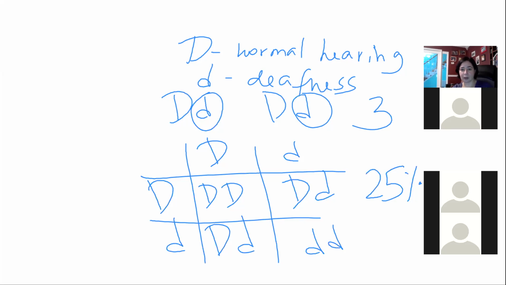You add here and here because they are identical. This is 25%, but this is 25 and 25, so you can add. So you have a 50% chance of heterozygous, 25% homozygous, 25% homozygous.